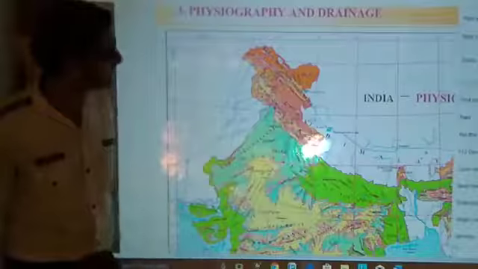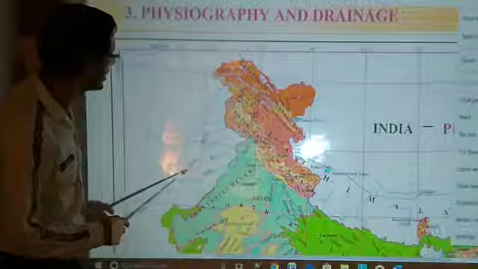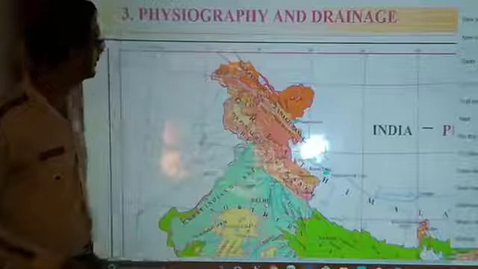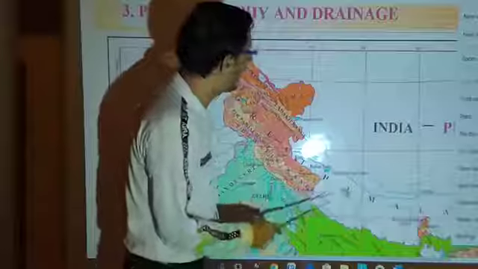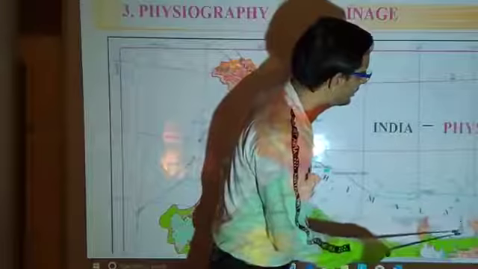Various rivers like the Ganga and Yamuna, as well as the Brahmaputra, also originate here. The Brahmaputra originates near Mansarovar in the Himalaya, goes to China, and afterwards travels to Arunachal Pradesh and comes to India. There it is known as the Brahmaputra, but in Tibet it is known as the Tsangpo.